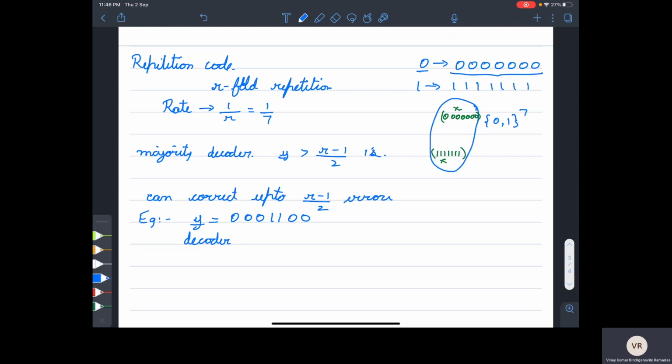Since the number of zeros is greater than the number of ones, it will output the all zeros vector, and thus m hat would be 0.